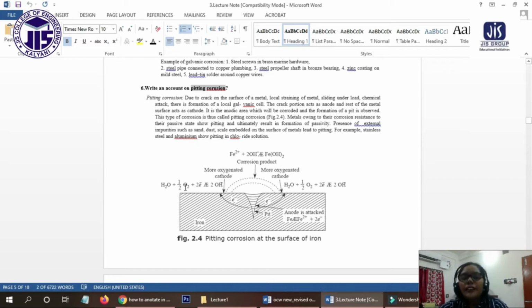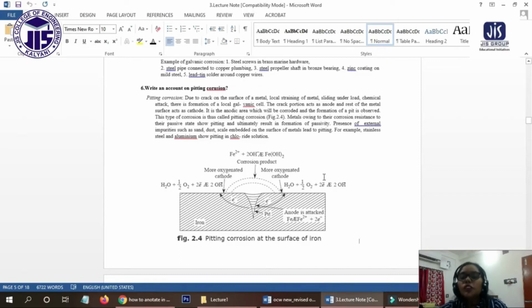Now look here. This is a metal surface, and on this metal surface we have a water droplet, right? Some of the metal surface is open to air, and some of the metal surface is below the water droplet layer.